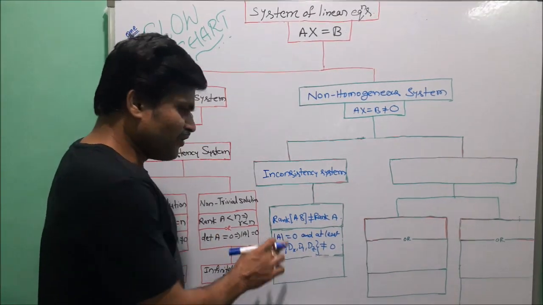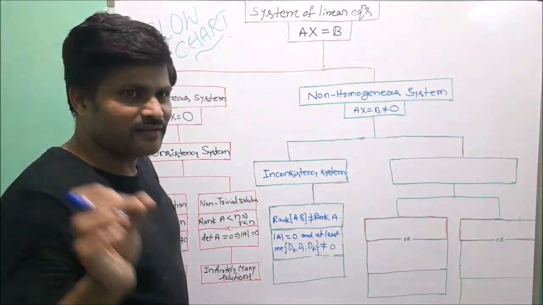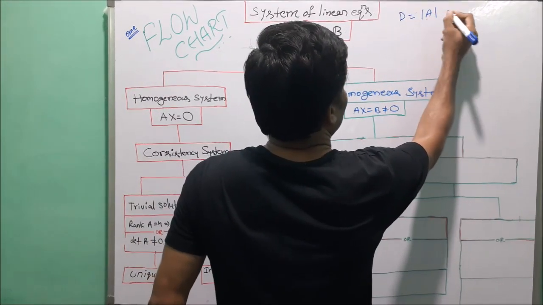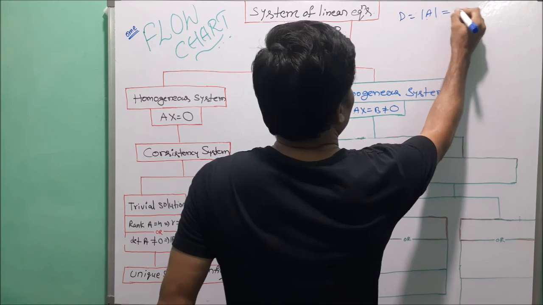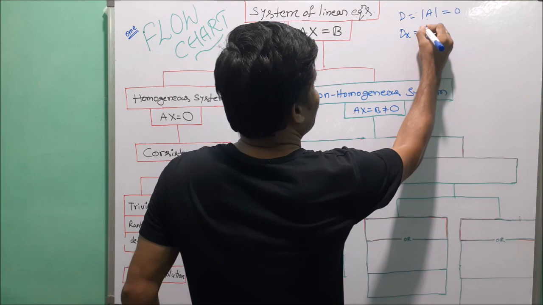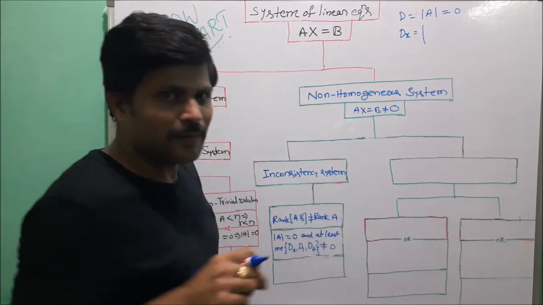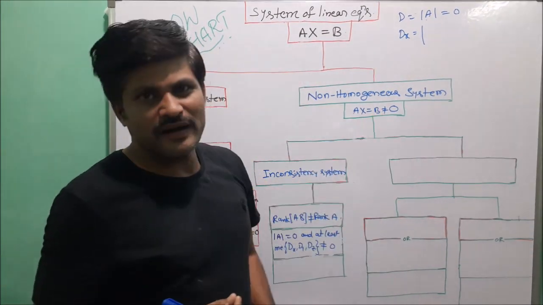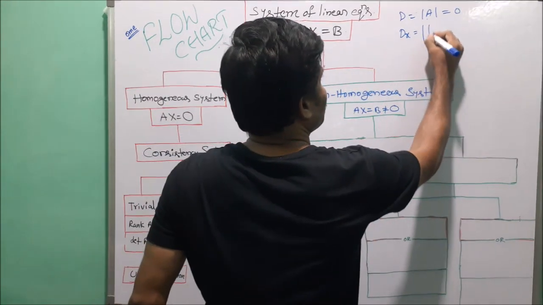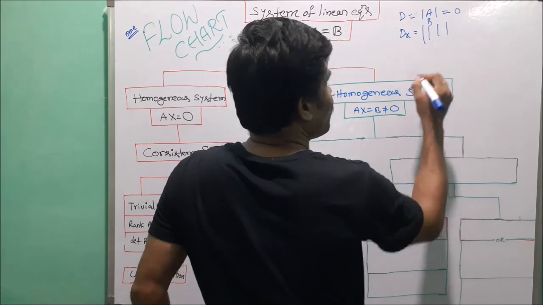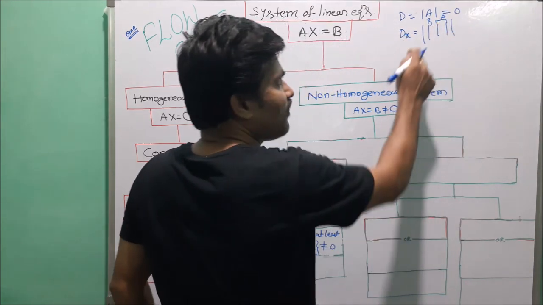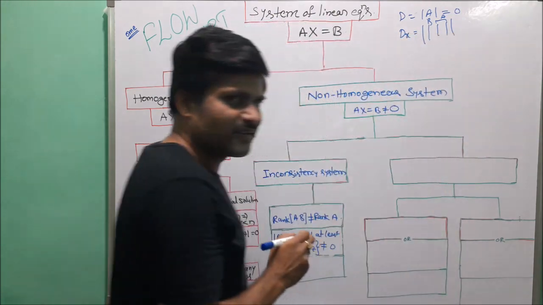First we find the determinant of the coefficient matrix, generally denoted by D, so D equals det A, which is 0. Here dx means the first column of the coefficient matrix is replaced by the constant matrix: the first column is B and the remaining two columns are A. Find the determinant of this matrix, that is dx.